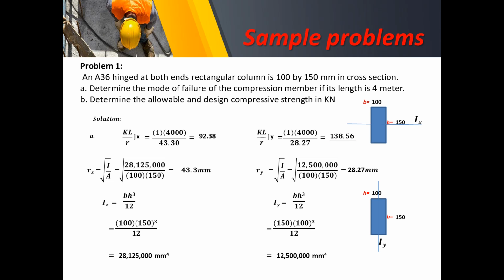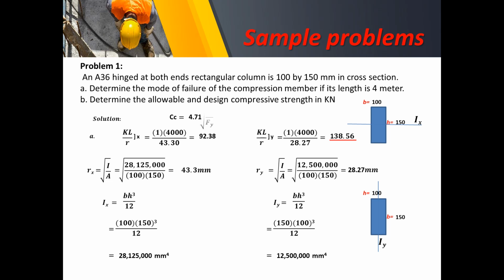So of course we're going to choose the higher slenderness ratio, that is 138.56. That higher value will be compared to our critical slenderness ratio.